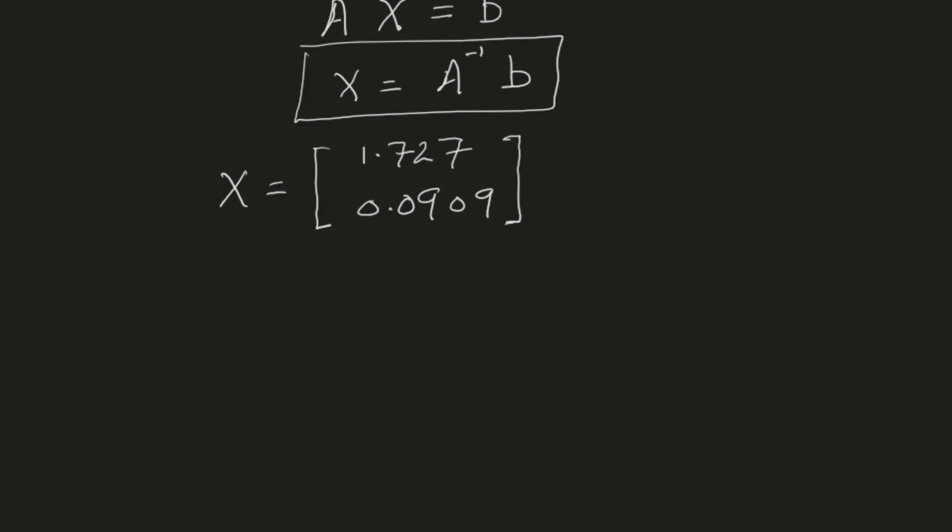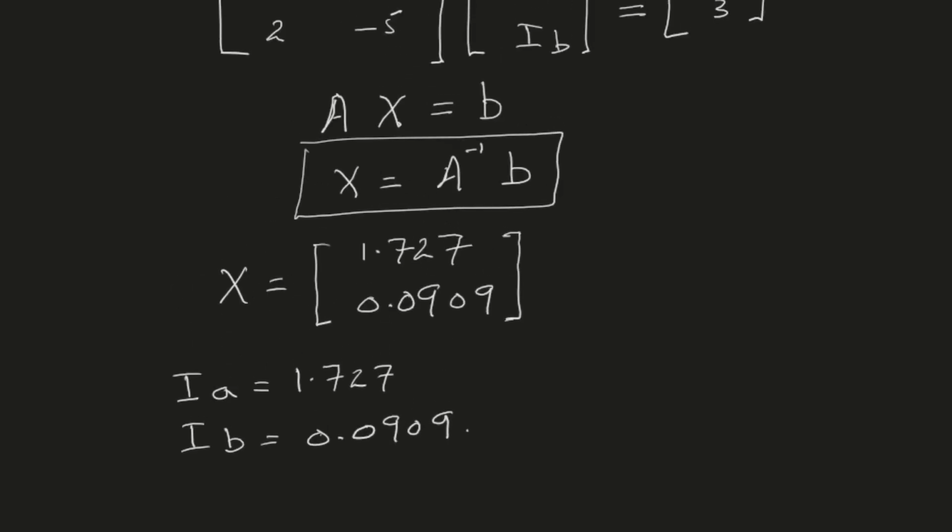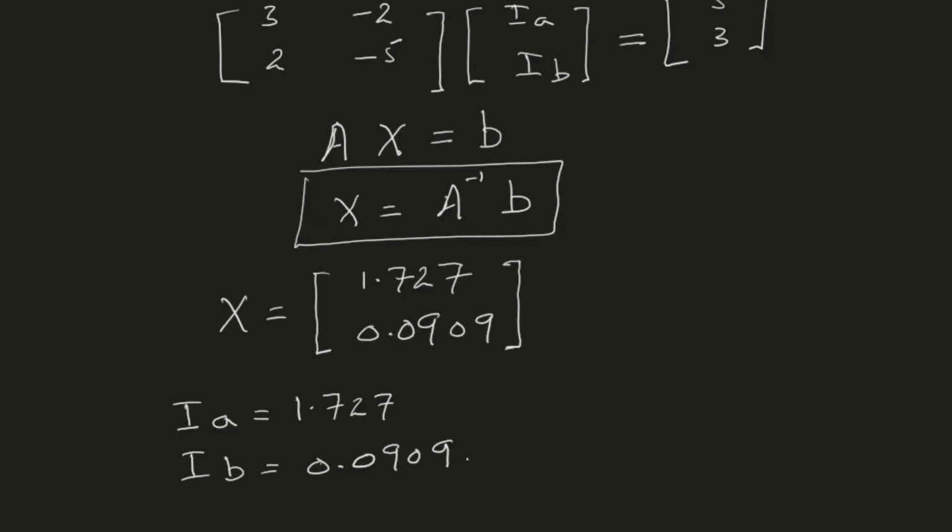And we know that this means the first element is IA, which is 1.727, and the second element is IB, which is 0.0909. So this will give us the two currents, and these are the exact values that we got previously. So you see, this is a much simpler and a much faster process to solve simultaneous equations. This method is very useful when we have more than two meshes.